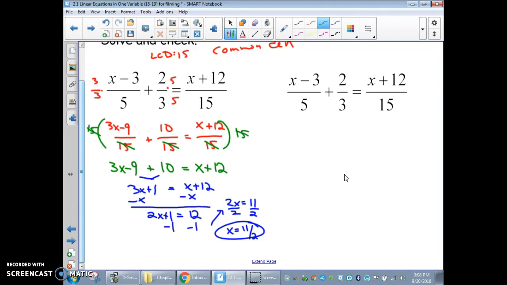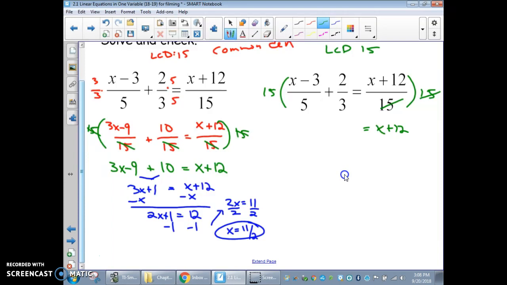The second method that you can use is multiplying by the common denominator of 15 from the beginning. And so we're going to do that to both sides. Multiplying on the right side, the 15s would cancel out, and you're left with x plus 12.